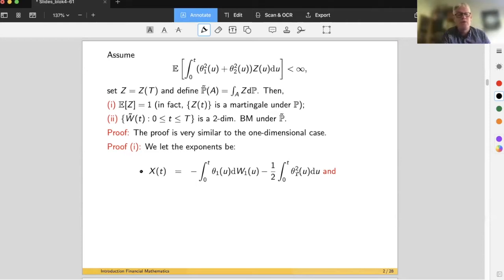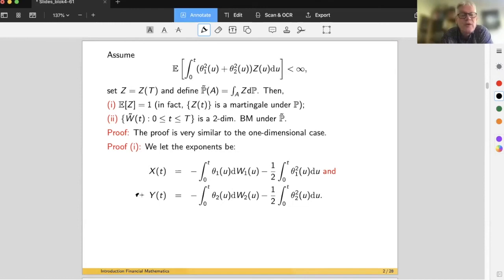And now we have also, of course, the same part in the two direction, and we call that Y. Yt is the similar process in the two direction. So minus the integral from 0 to t, theta 2u dW2u, minus 1/2 the integral from 0 to t, theta 2 squared u du.